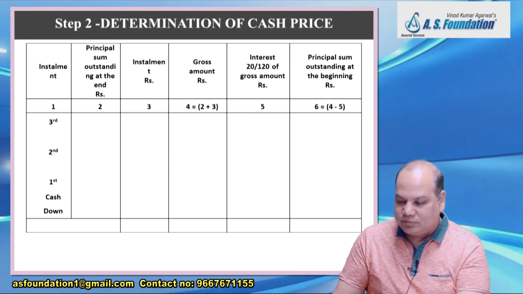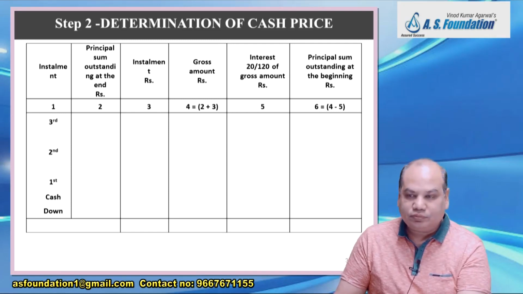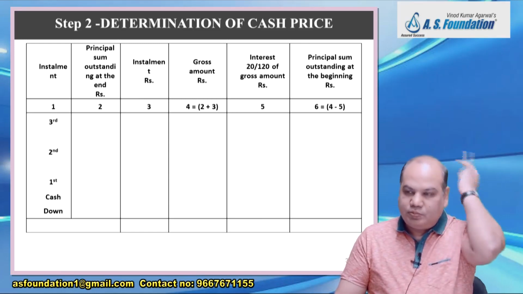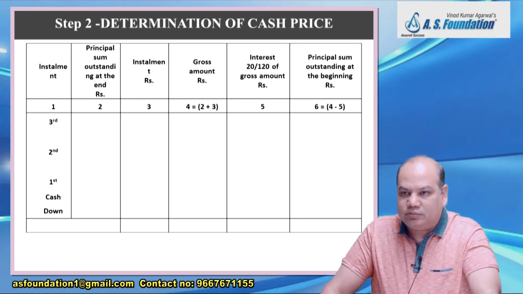Then write installment in rupees. Fourth column, write gross amount in rupees. Fifth column, write interest, 20 by 120 of gross amount. And last column, write principal sum outstanding at the beginning.